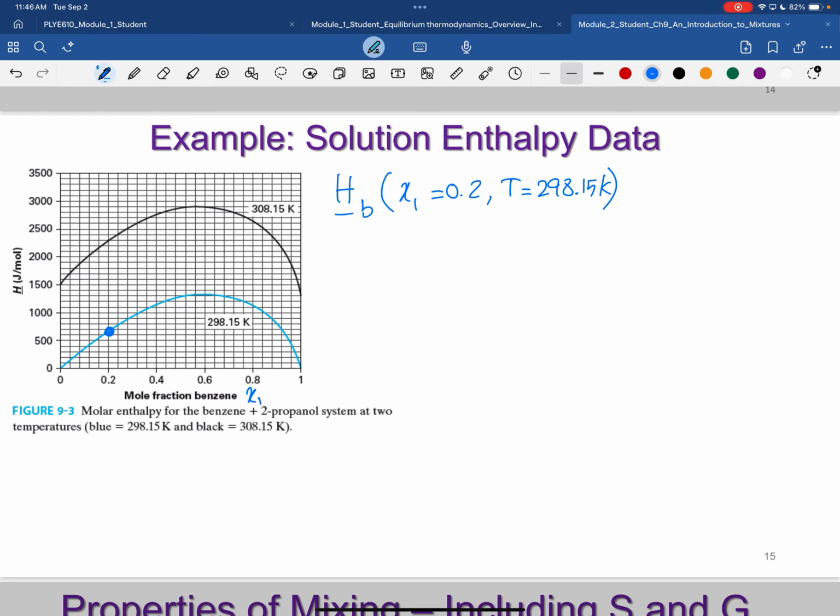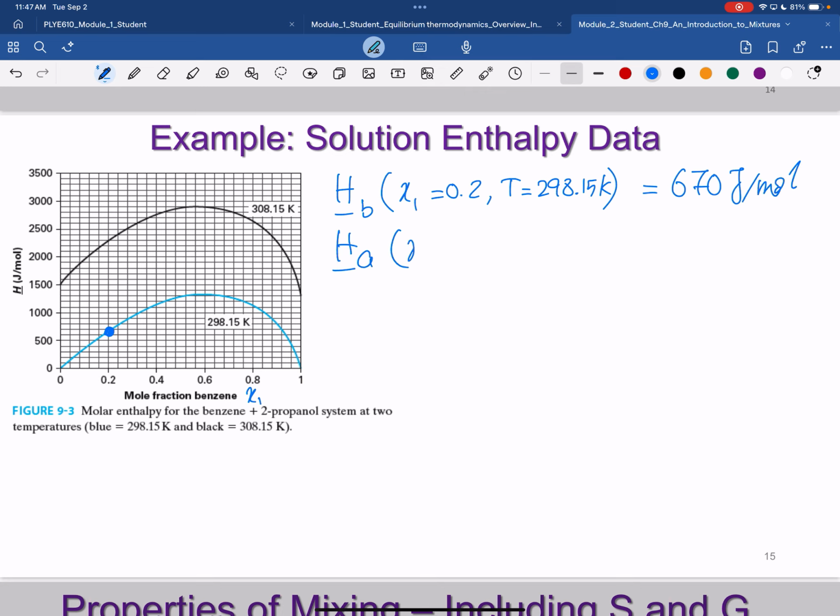And I need to look at this curve. So HB is not 0 because it's a mixture. If it was pure, yeah, it was 0. So that's the number we need to record for HB for our calculation. So this is going to be 670 joule per mole.